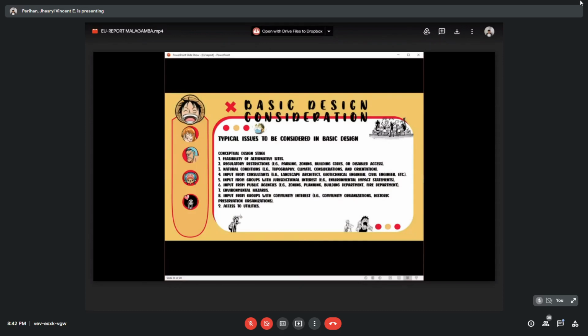Next, input from groups with community interest, for example, community organizations and historic preservation organizations. And lastly, access to the utilities. So, syempre, we need to consider po na if naa tayo access sa utilities before proceeding the design. Kay lisod po kung mag-install tag electrical design sa usa ka building pero wala kuryente didto.